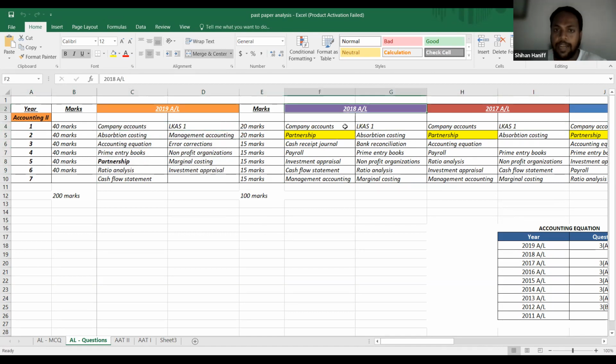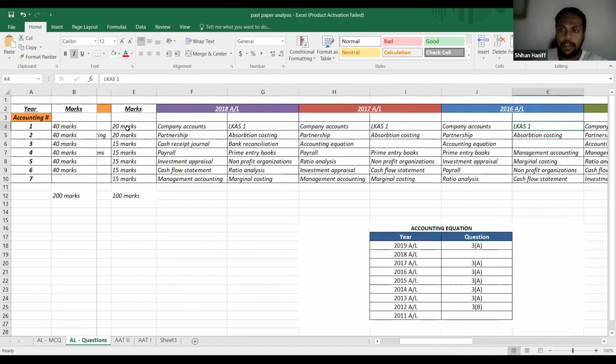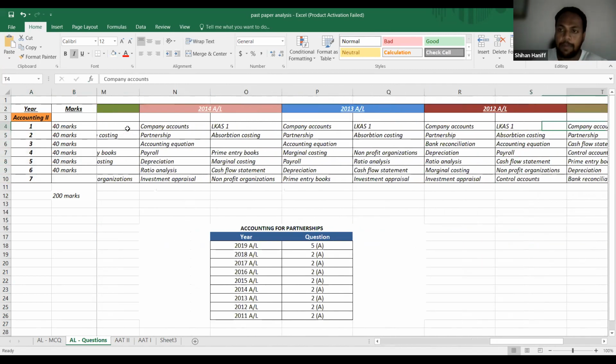In 2018, company accounts, LKAS 1; 2017, same. So every year, the first question is company accounts and LKAS 1. That is the first question in the second paper.